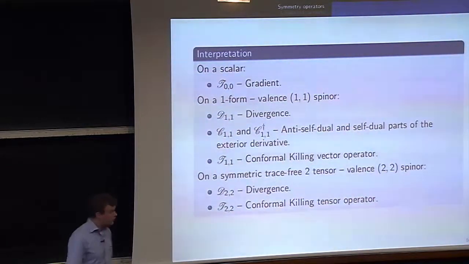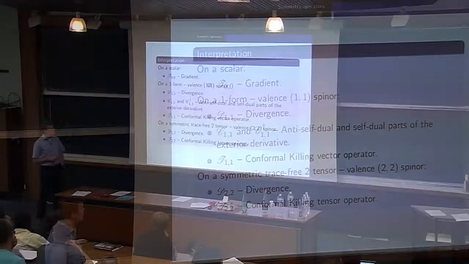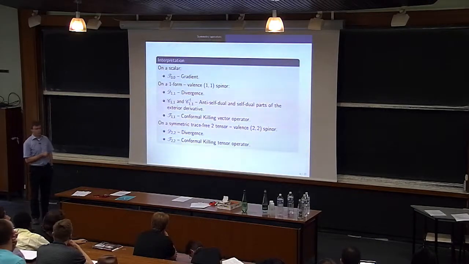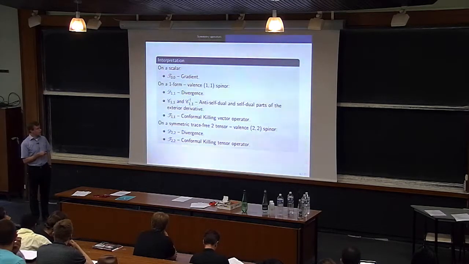To interpret these things, we can just look at very simple examples which we know about for ordinary tensors. So just on a scalar we can only form the gradient, and, well, this is the twistor operator here.